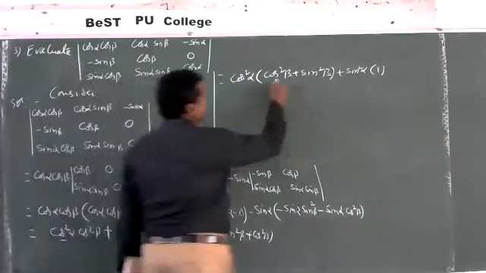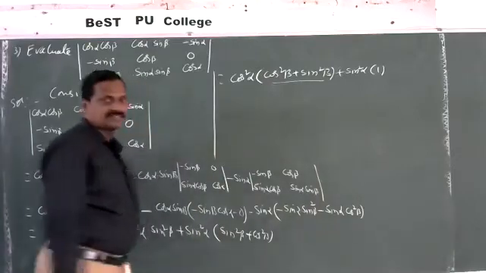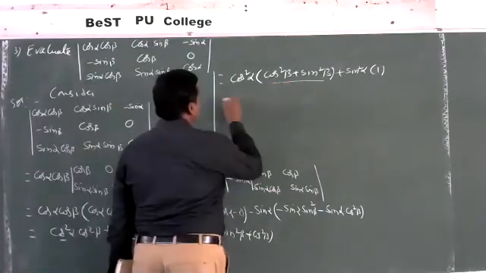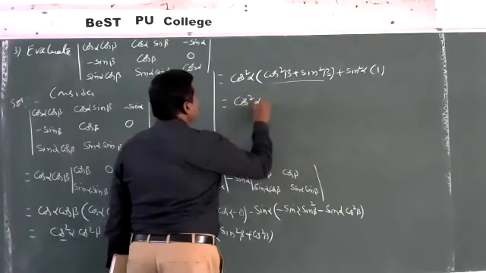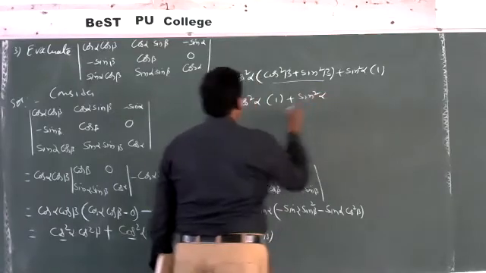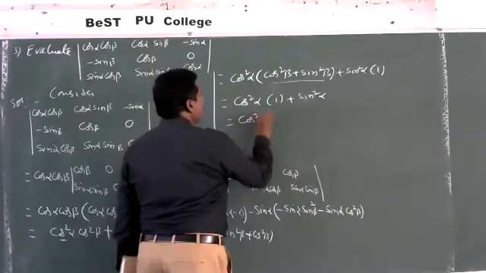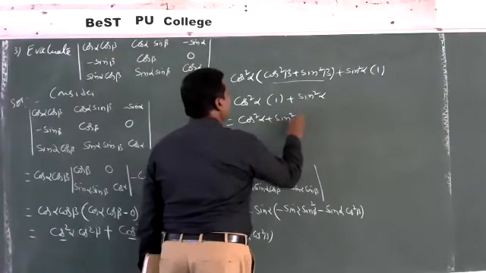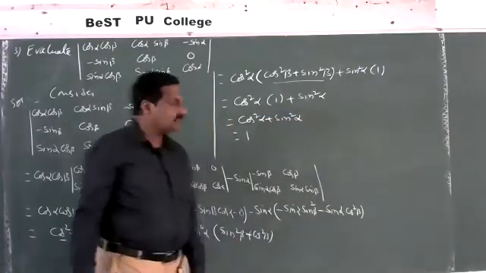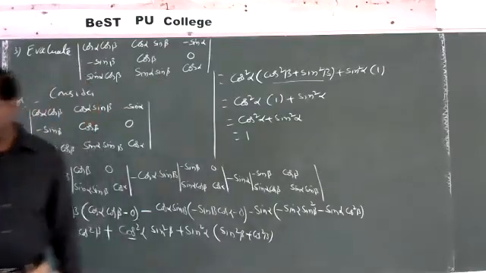Here also cos square beta plus sin square beta is 1. Then it is cos square alpha into 1 plus sin square alpha. From this, cos square alpha plus sin square alpha is equal to 1.